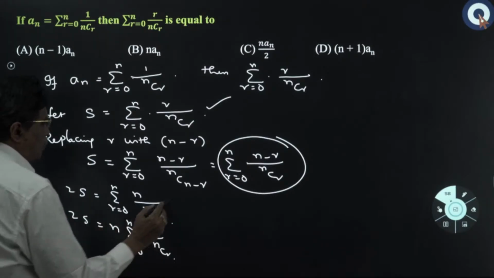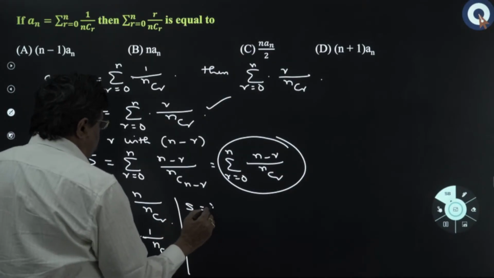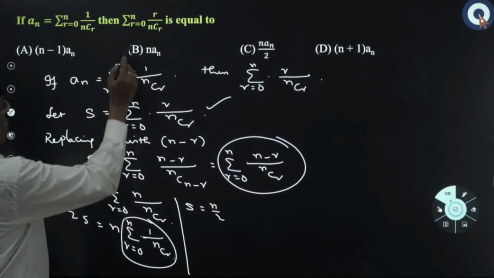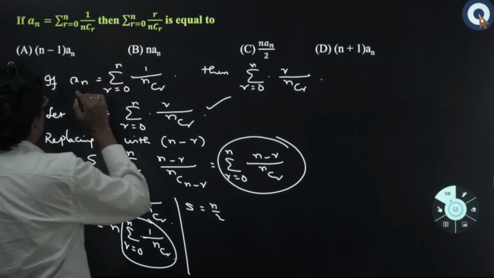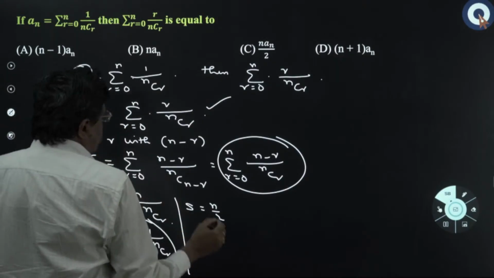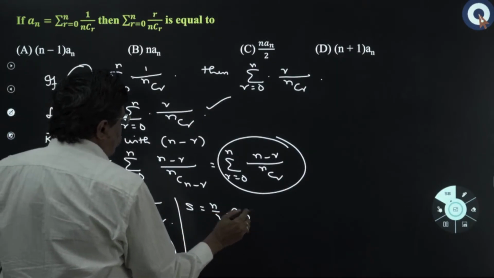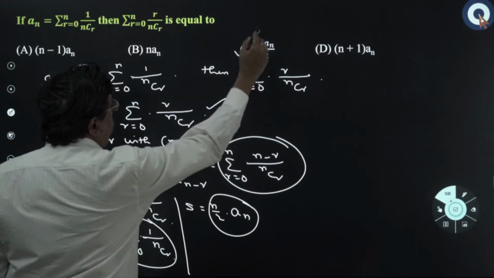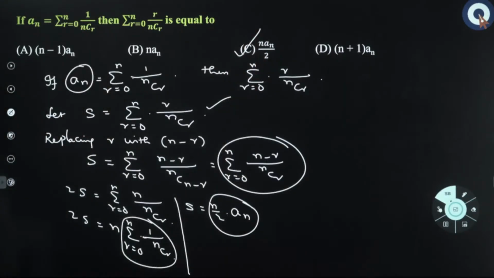So S = n/2 times this value, and this value is a_n. So n/2 times a_n is what you get. So option C comes correct. This is a simple problem. You can practice a few more problems of this variety. Next.